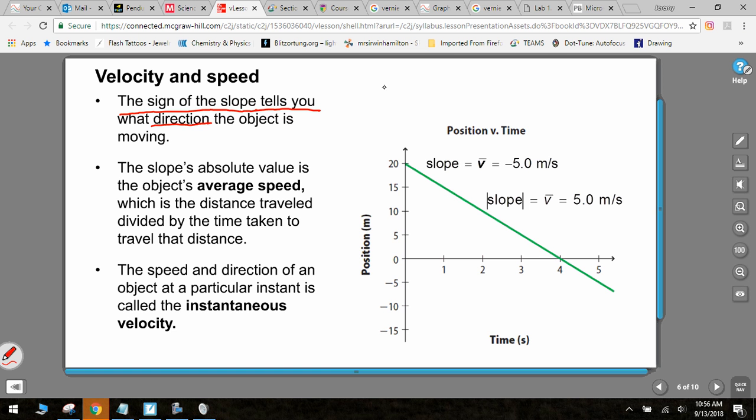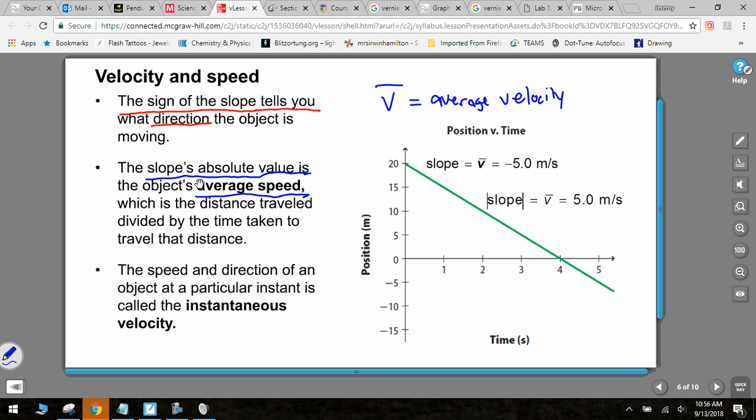Okay? Oh, we got another definition in here. The slope's absolute value is the average speed. So we have V bar, which was called average velocity. We wrote that down just a second ago, right?